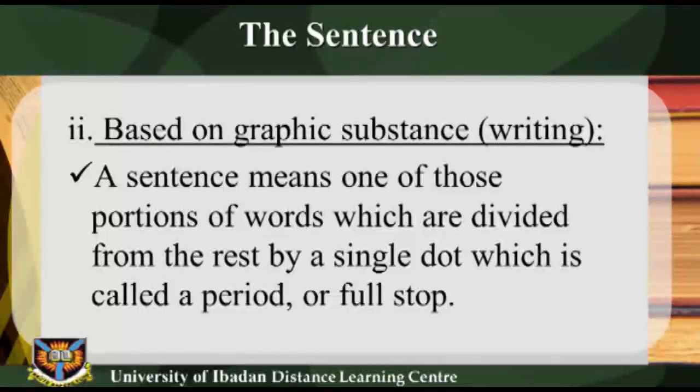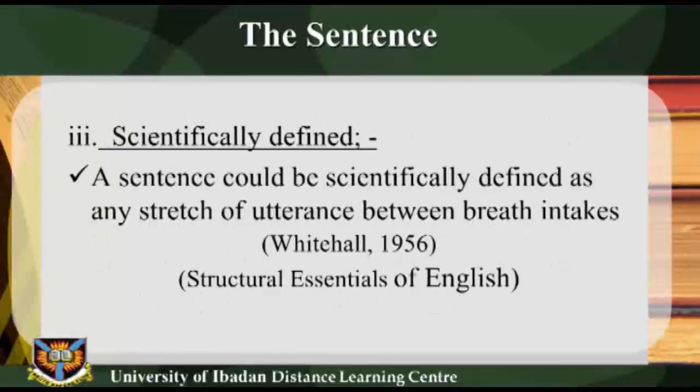A sentence means one of those portions of words which are divided from the rest by a single dot, which is called a period or full stop. 3. Scientifically defined. A sentence could be scientifically defined as any stretch of utterance between breath intakes. Whitehall, 1956, Structural Essentials of English.